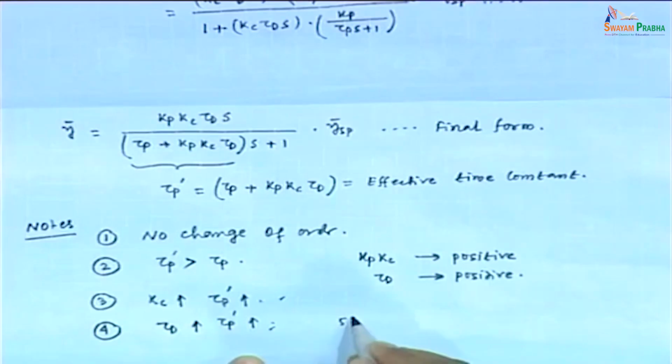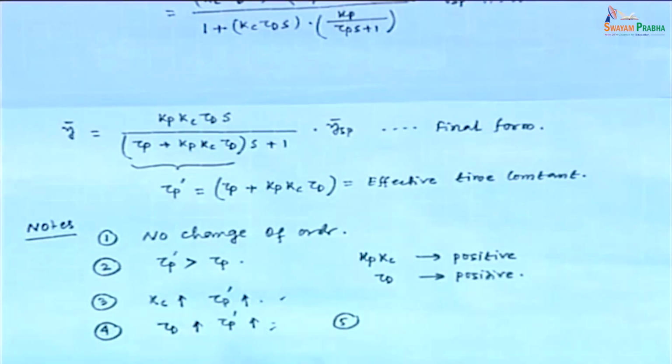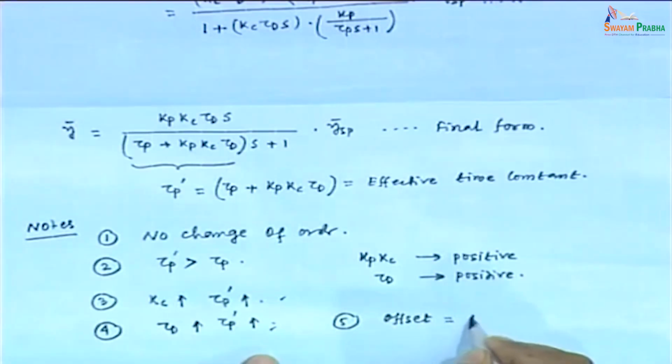Fifth point is related to the offset. Can you calculate the offset with introducing a step change in set point with magnitude a? What about offset? Offset is a.